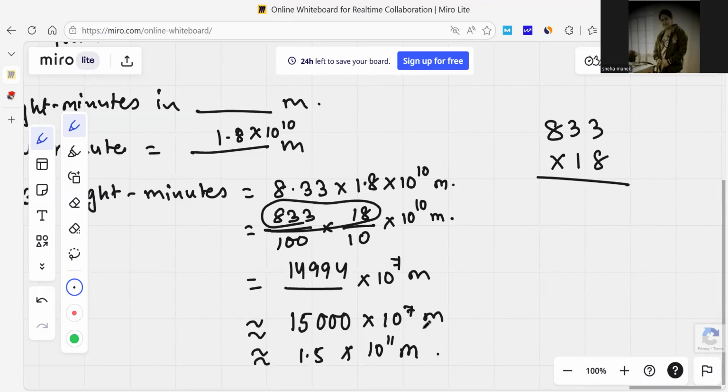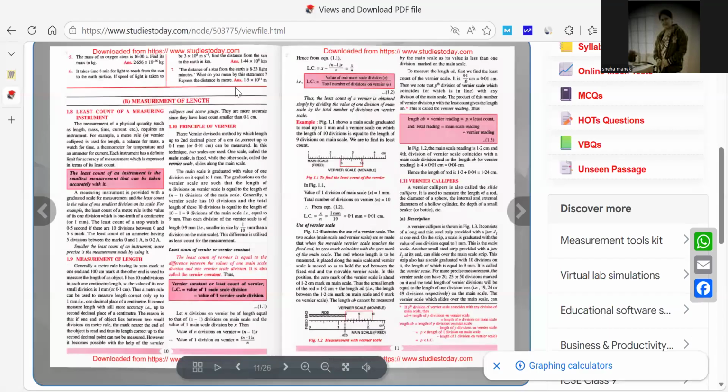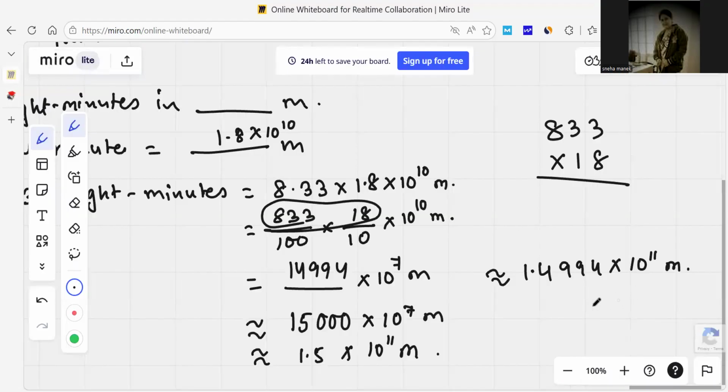In case you ask why we write 14,994 as 15 approx, you can leave your answer as 1.4994 into 10 to the power 11 meters. There is no problem in that. It's absolutely correct.